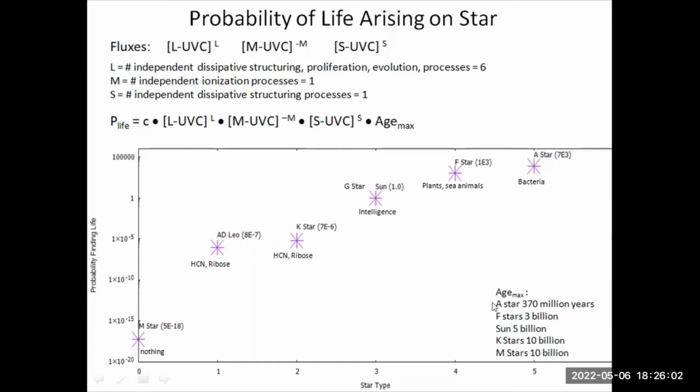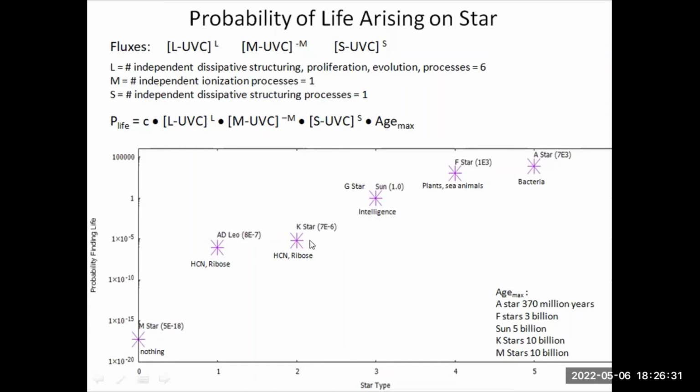For F-type stars with 3 billion years of life, if evolution is similar to our own on Earth, then we could expect plants and maybe even some sea animals after about 3 billion years since the origin of life. But to get to technological intelligence like we have on Earth would take at least 3.85 thousand million years.